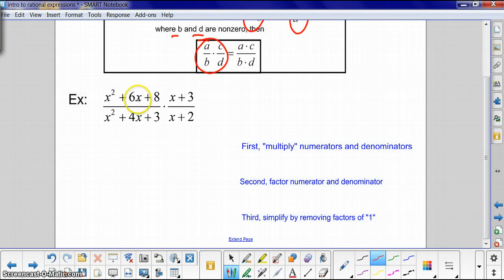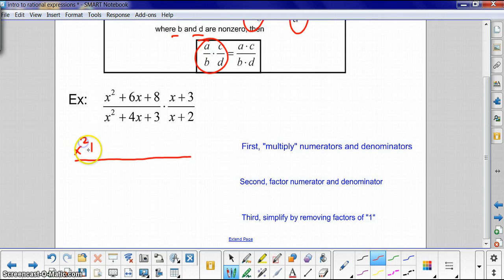So it gets a little bit more difficult when our polynomials are a bit more involved. And you can see here I have a trinomial times a binomial divided by a trinomial times a binomial. And when I take my first step, which is to quote-unquote multiply numerators and denominators, I'm not really interested in double distributing here, even though it says multiply. Instead, I just simply want to write it as one fraction.